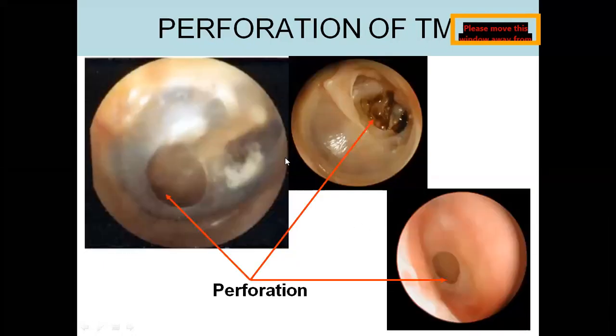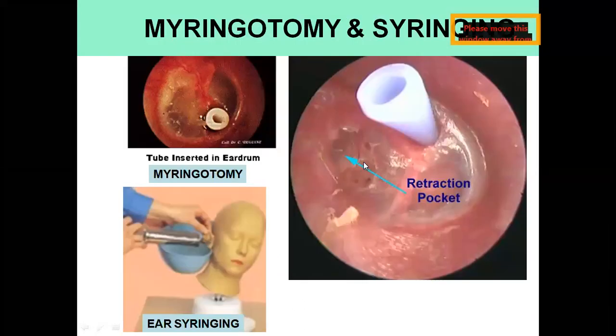We also have very good otoscopic pictures where the tympanic membrane is ruptured. See, this is such a beautiful picture. It has been ruptured, and you are able to see the ear ossicles inside. This clinical condition is called perforation of the tympanic membrane.